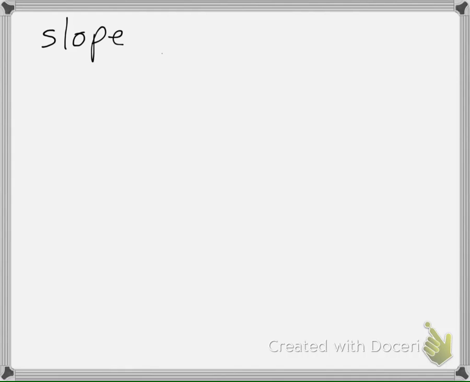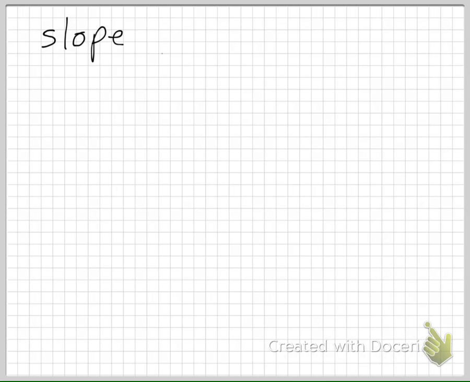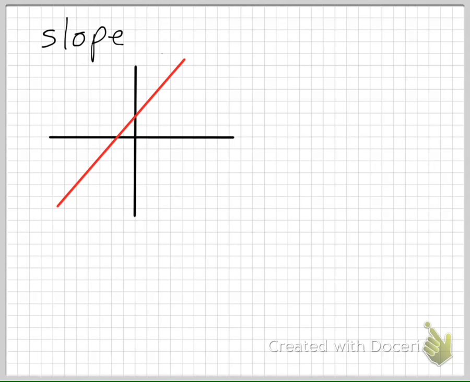Okay, guys, so let's talk just in very vague terms about slope for a second. So, not specific. If we're looking at slope, there are 4 main kinds of slope. There are lines that look like this, and these have what we call a positive slope.